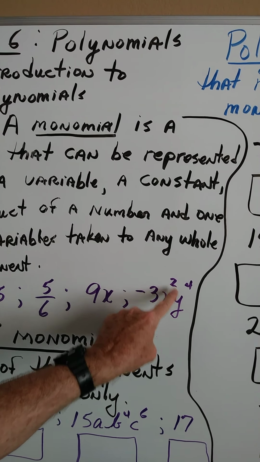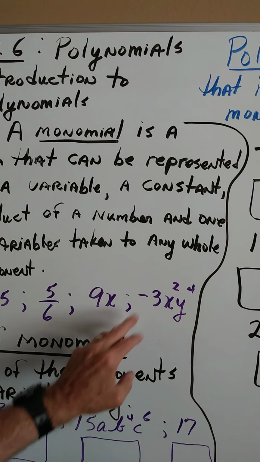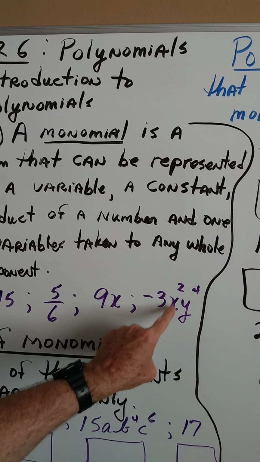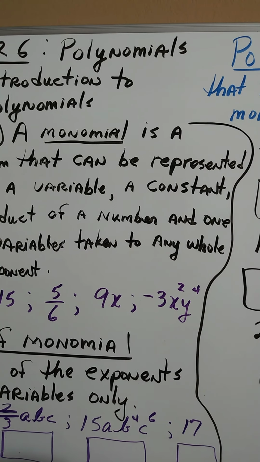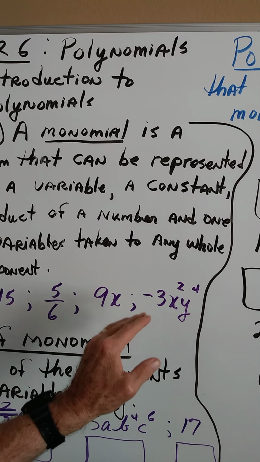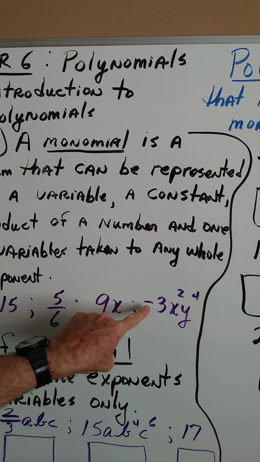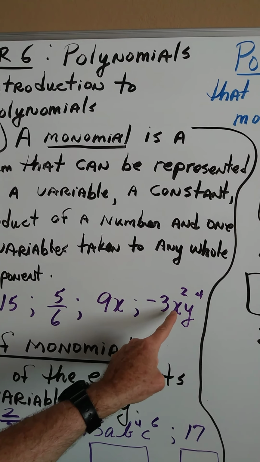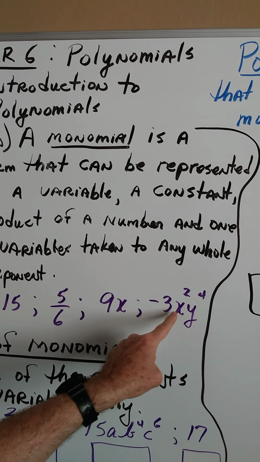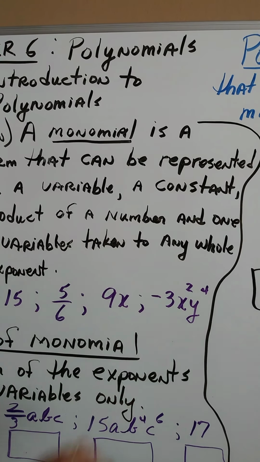-3x to the second, y to the fourth. Or maybe another way of saying it, -3x squared, y to the fourth. This too is a monomial because it represents the product of a number and one or more variables taken to any whole number exponent value.